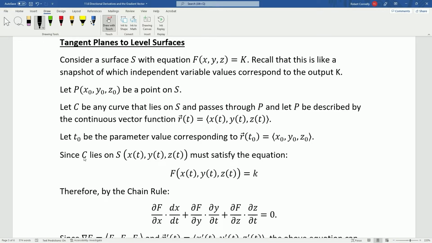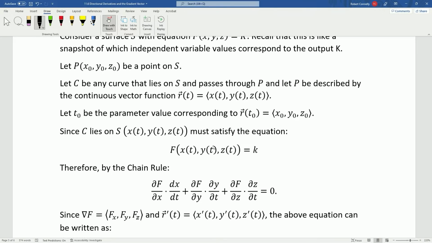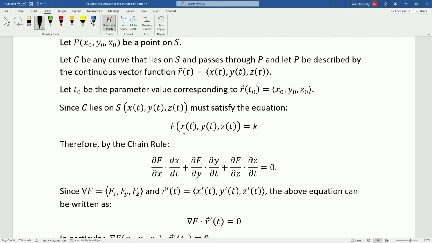Now, since this curve lies on the surface, x of t, y of t, and z of t have to satisfy the equation that we had for our surface, right? So if we apply the chain rule, what do we get? The derivative of f with respect to t equals df dx times dx dt plus df dy times dy dt plus df dz times dz dt, and the derivative of k is going to be 0.